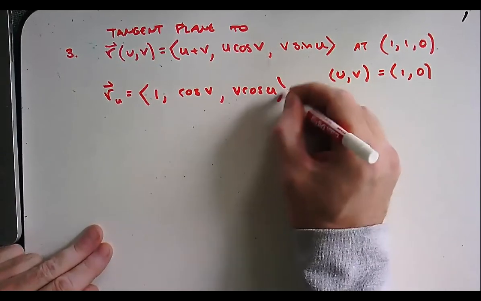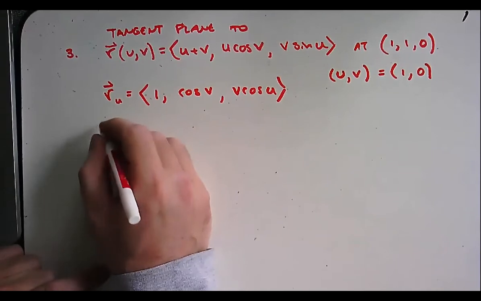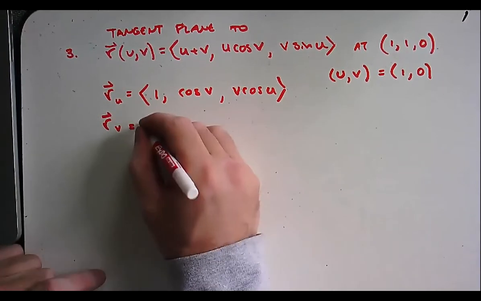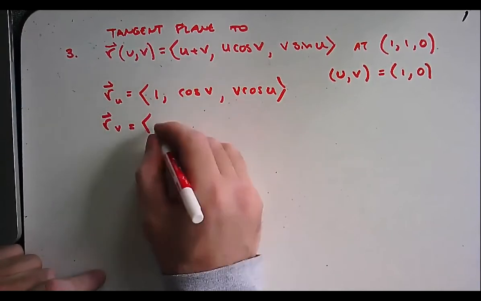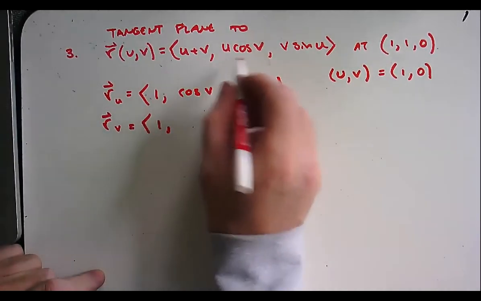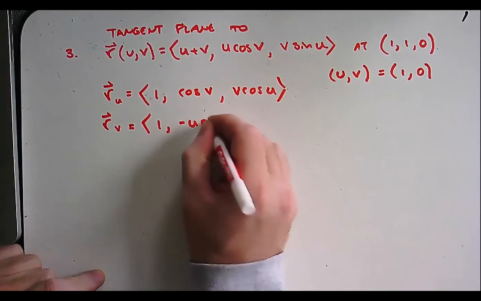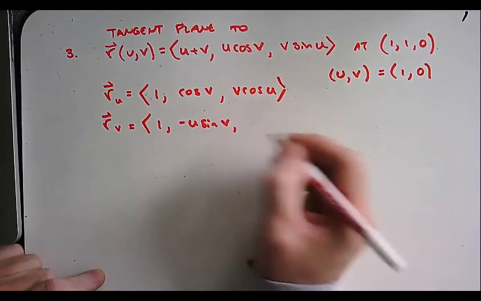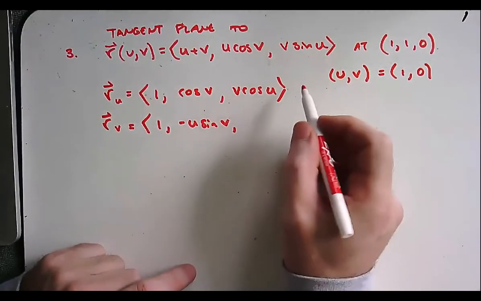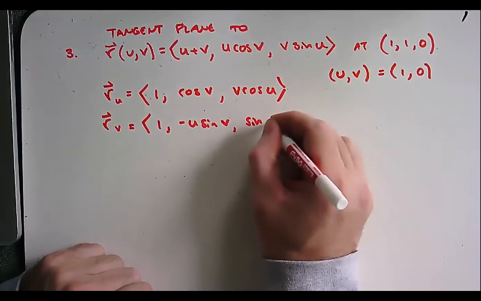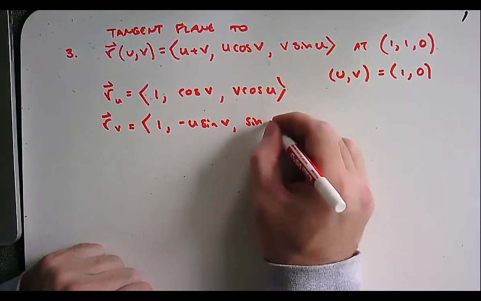Okay, so there's one of our partial derivatives. And in the direction of v, we'll have 1. Let's see, so derivative of cosine is negative sine, so negative u sine v. And then differentiating here with respect to v, we will have sine u.